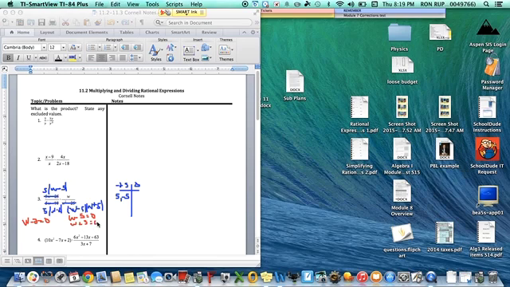And then if you solve all three of these for W, you can see that W cannot be 2, 5, or negative 5. Because if W were 2, 5, or negative 5, it would make the denominator 0, and you can't have 0 in the denominator. So now we can just simplify.